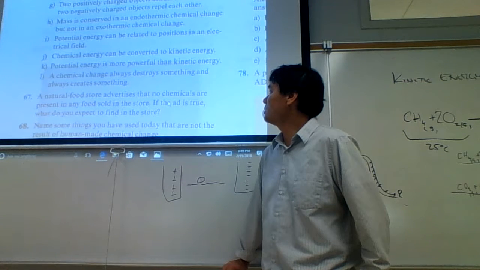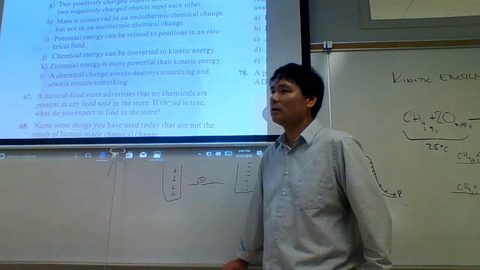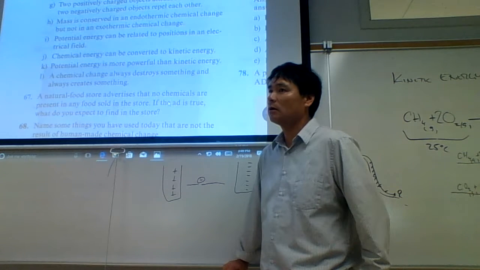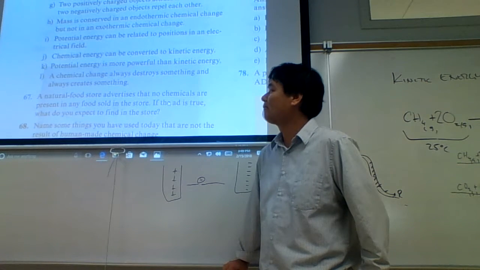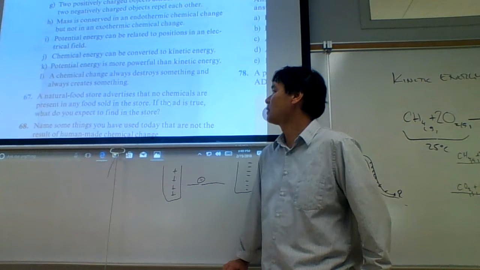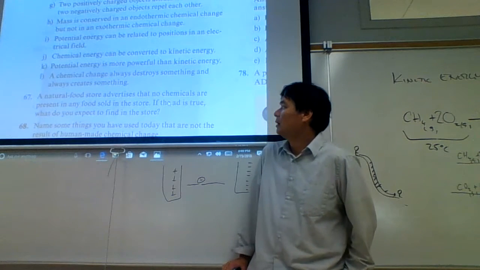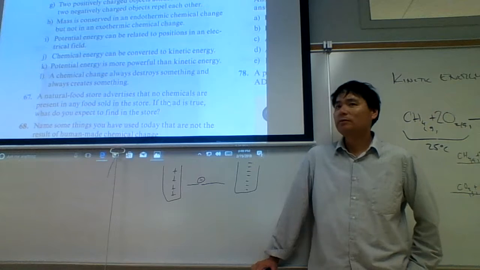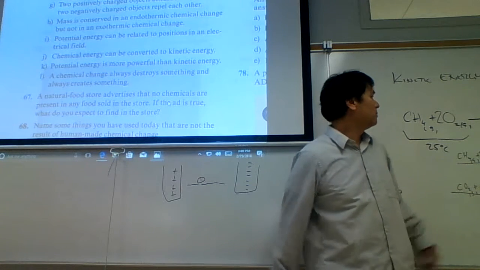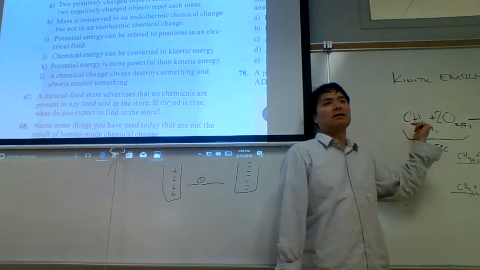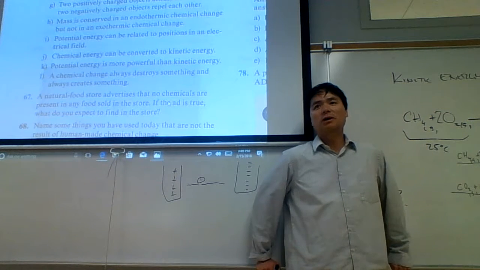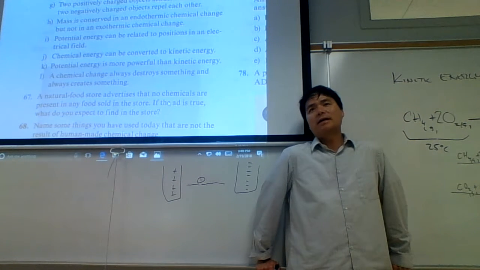A chemical change always destroys something and always creates something. Well, in a way it's true, because is the methane still around? Methane's not around anymore. What you can say is the atoms are rearranged, but if you want to be dramatic, you could say the methane was destroyed.